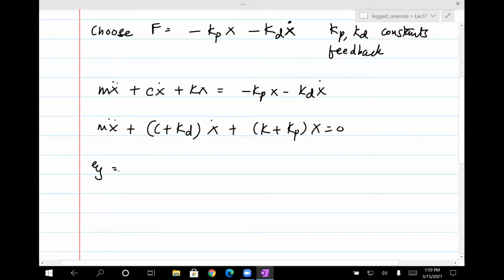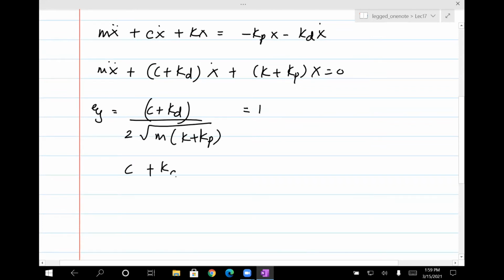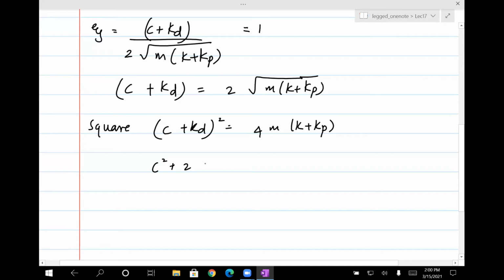Well, the damping factor is (c plus Kd) divided by 2 square root of m times the last term, (k plus Kp). Okay, all we need to do now is to make this equal to 1. And so we can now write this as 2 square root of m(k plus Kp). Let's square both sides. That will be 4. Okay, so we can expand that out.